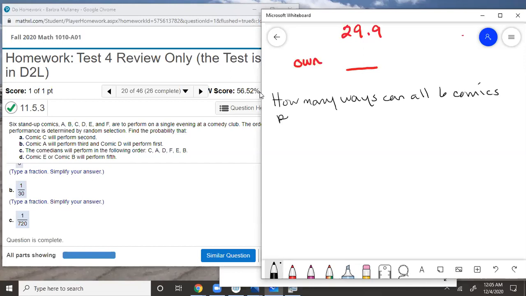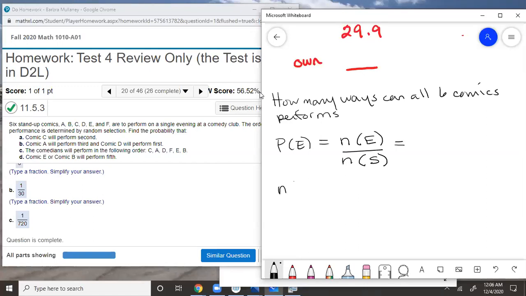perform? So this is going to be our total, because the probability formula of an event is the number of ways of getting that event that's favored over the number of ways to get your total sample space. And so let's get this denominator first.